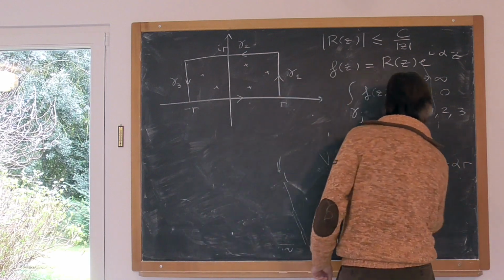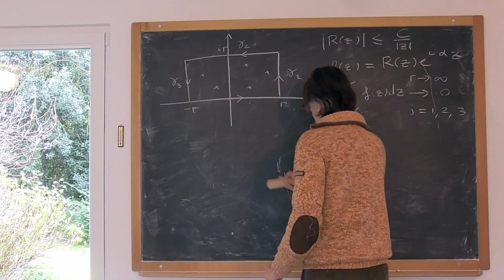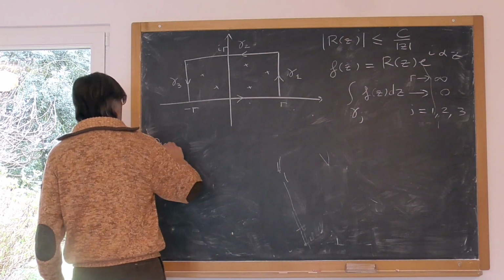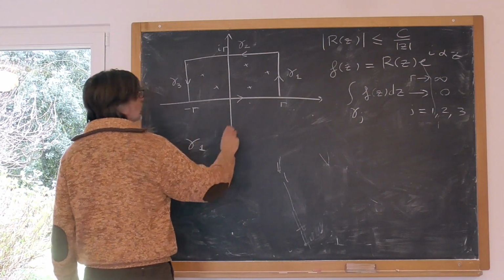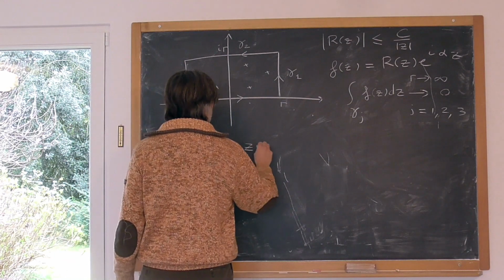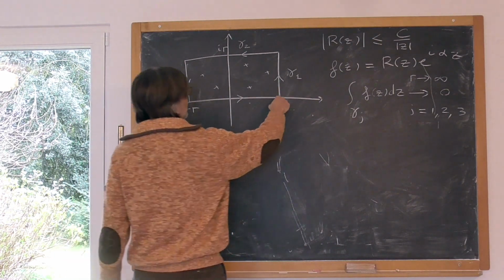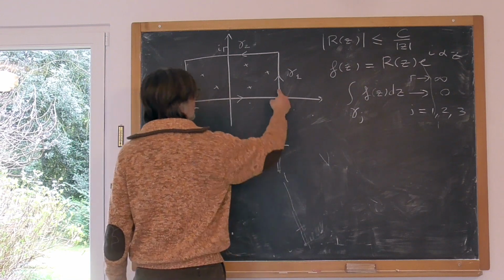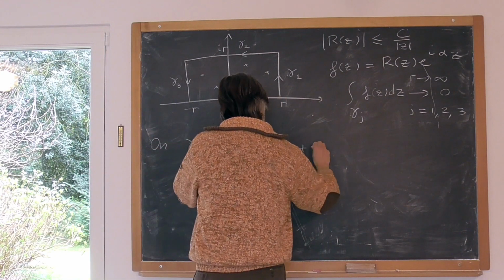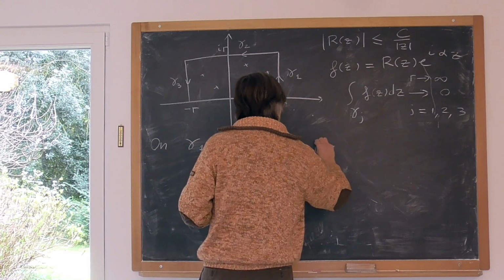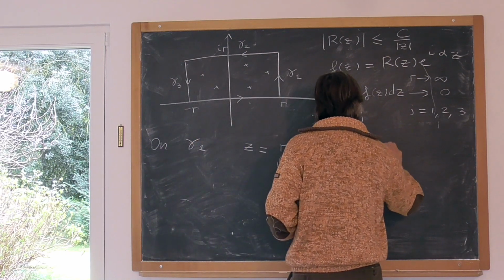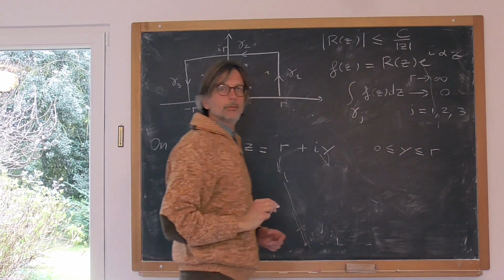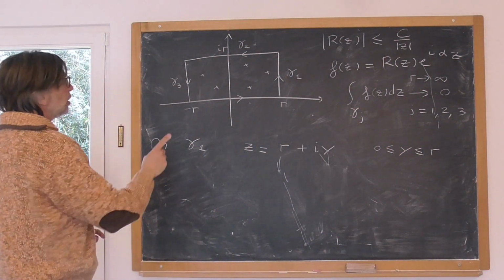So on gamma 1, z is of the form where the real part is r, and the imaginary part is I y, where y varies between 0 and r. Okay?